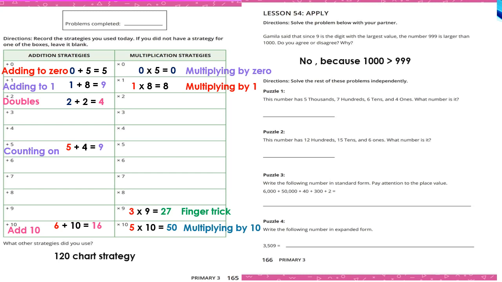Puzzle number 1. This number has 5 thousands, 7 hundreds, 6 tens, and 4 ones. What number is it?